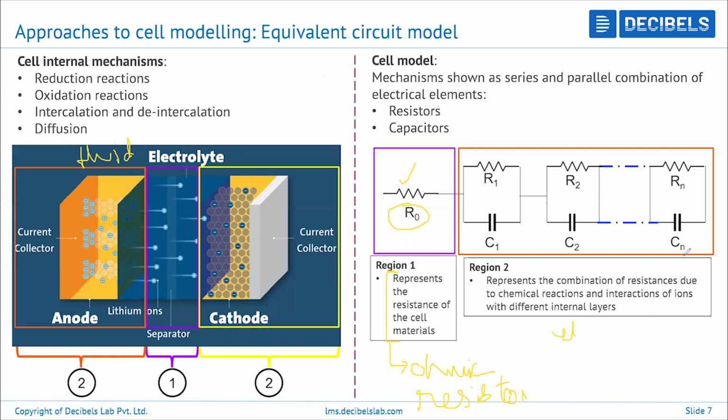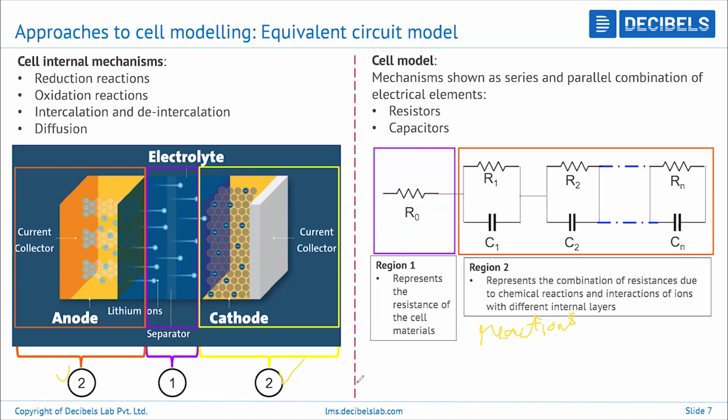Then we have the other type of resistance, which is purely electrochemistry related, or you can say it is because of the reactions. These reactions are represented utilizing the combination of this region 2. If you observe in this region 2 that we see in the diagram on the left side, we can see some ions are spread out. On the left side there is positive, and on the right side there is negative.